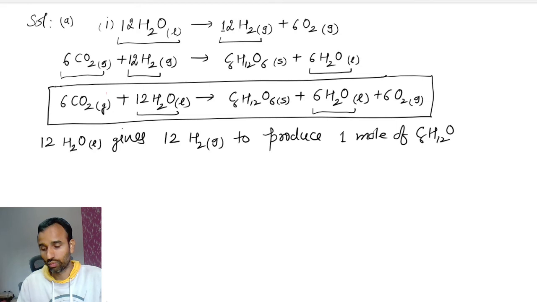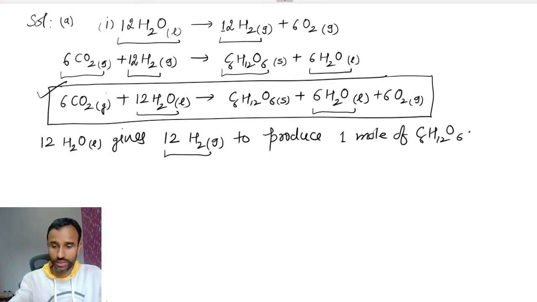This 12 H2 gas is used to reduce 6 moles of carbon dioxide, so that we will get 1 mole of glucose. That's why it is better to write like this rather than 6H2O and no H2 on the product side. Done.